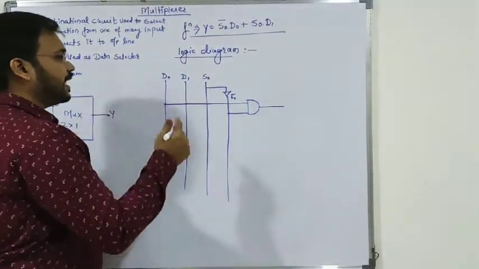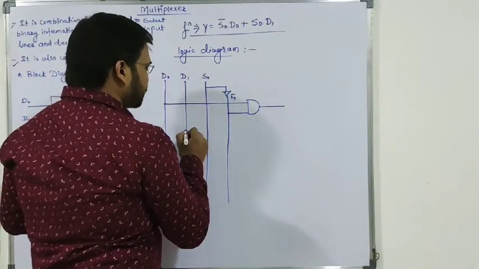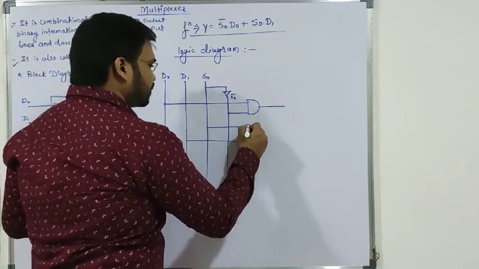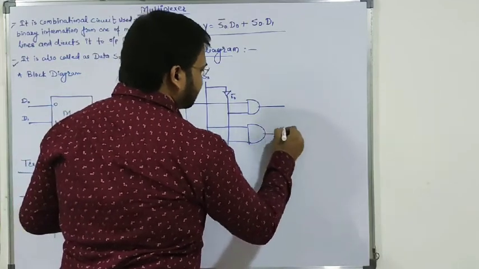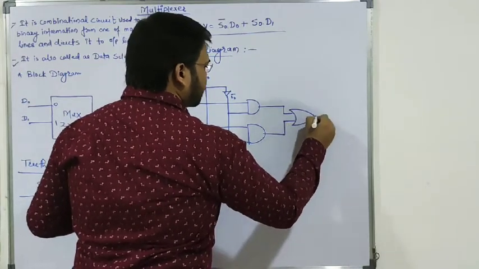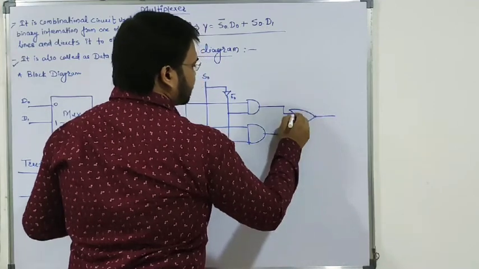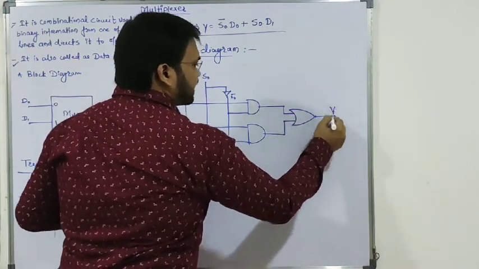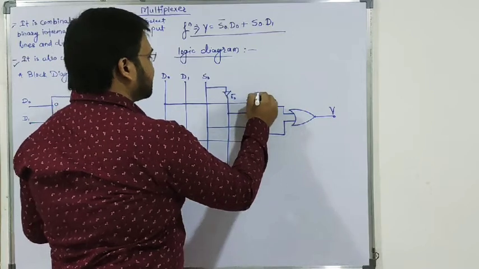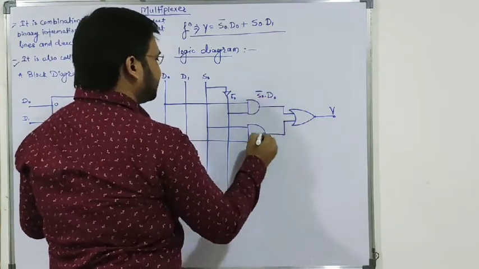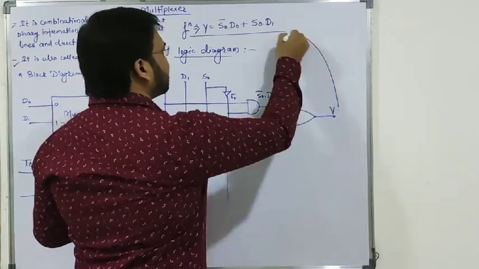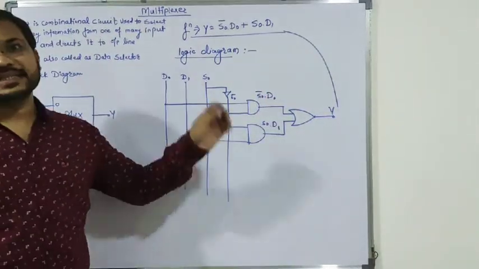Next is S0 and D1, another input line, applied to another AND gate. Both go to the OR gate, whose output is the Y function. The value is S0 bar D0 plus S0 D1.